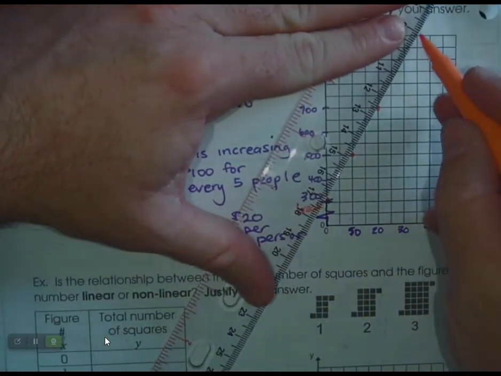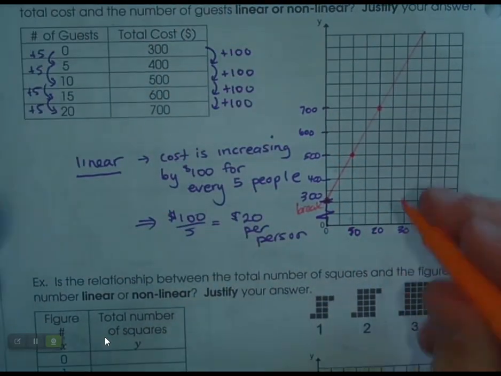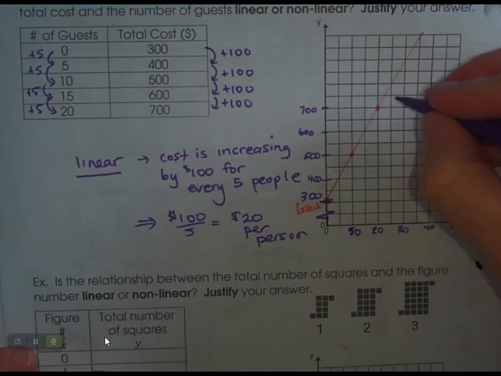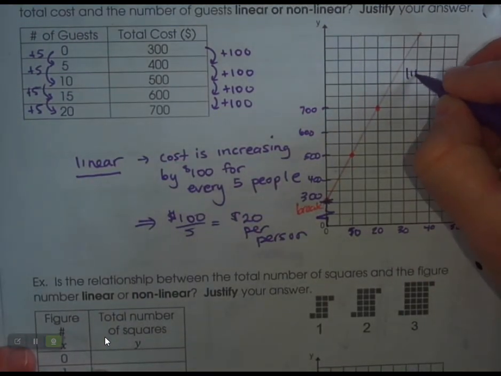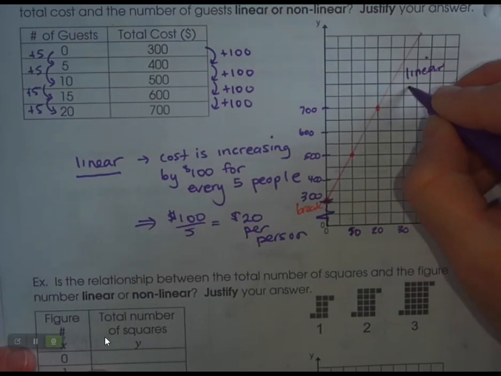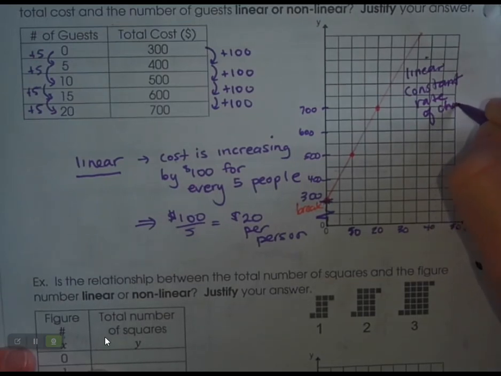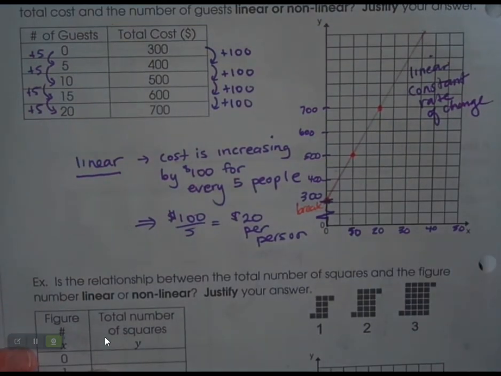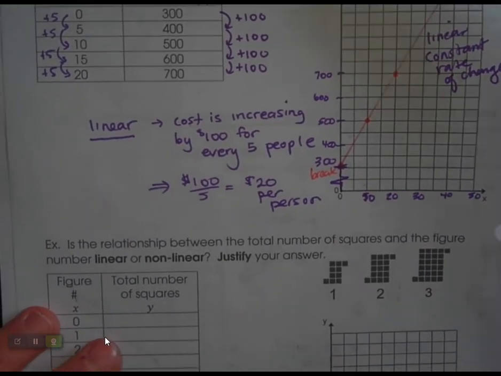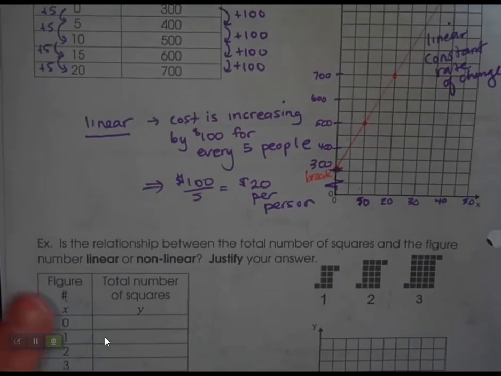This is a linear row. All right, this has a constant slope, and we're going to talk about that moving forward. All right, different ways of looking at it.